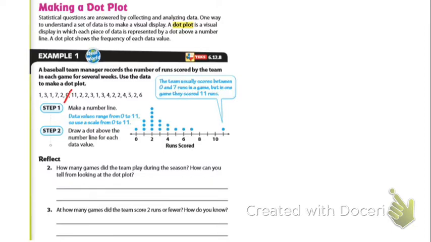Yes, there was. So that's why we'll put 1 there. You can cross that off so it doesn't confuse you. What about games when there was only 1 run? We have 1, 2, 3. And so forth, like that, ladies and gentlemen. That's how they come up with that dot plot.